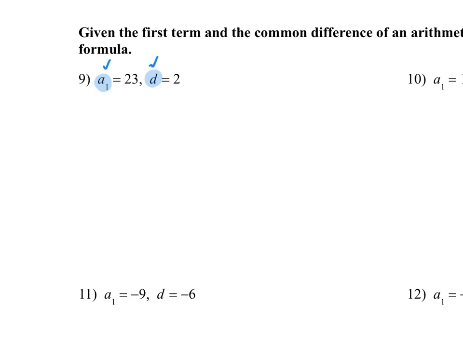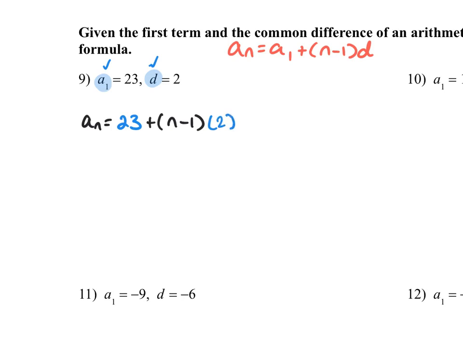Now we can just skip to straight plugging those in. So we have those two terms, and at this point, it's just going and plugging it into our formula. So I know I'm going to have a sub n is equal to, well, my a1 is 23 plus n minus 1 times your common difference, which is 2.